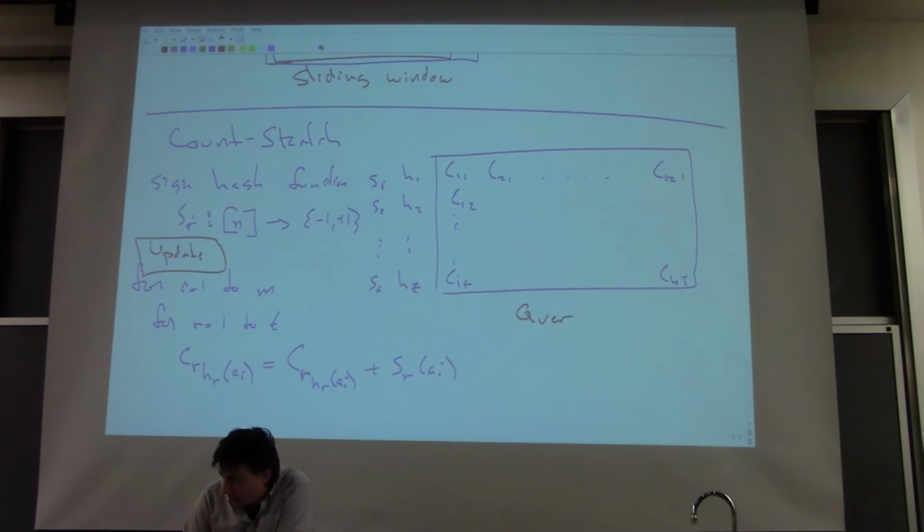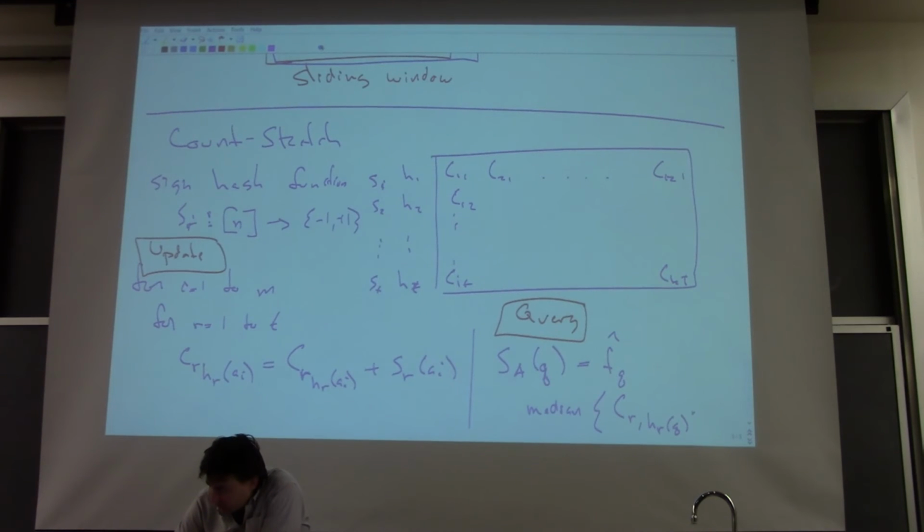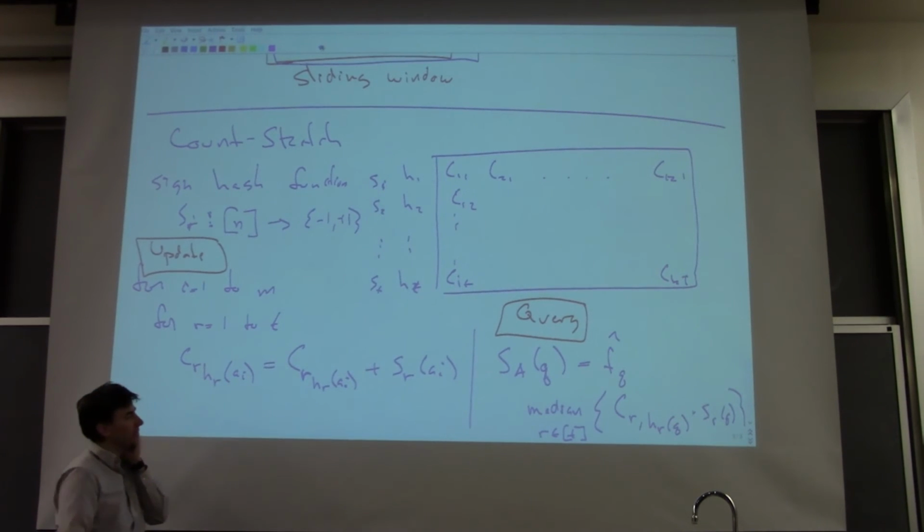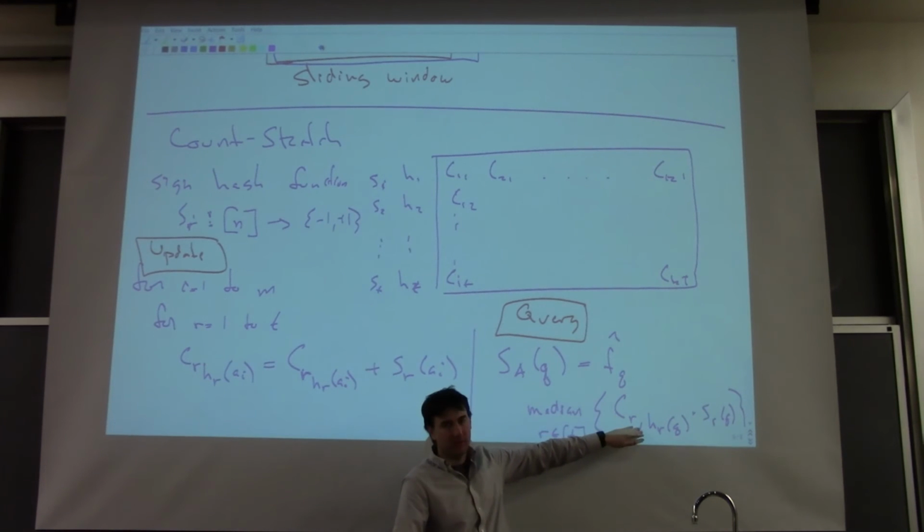And so now my query is going to be similar, except my estimate, which is going to be my F of Q hat, is going to be equal to the median of the set C_r, h_r(Q) times s_r(Q), for r in the set T. So instead of taking the minimum, I'm going to take the median now of the set.